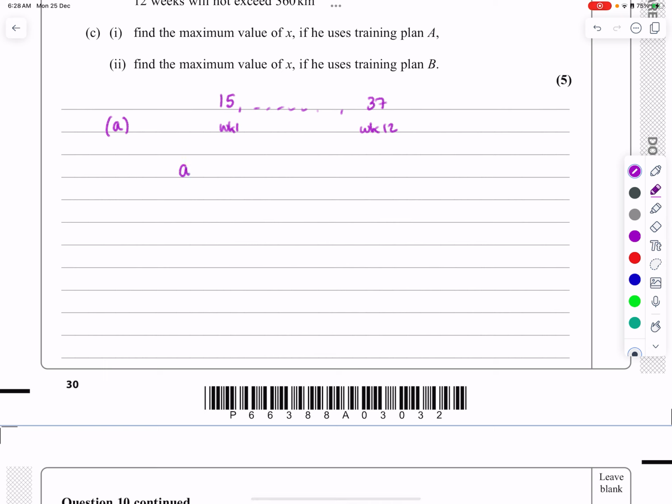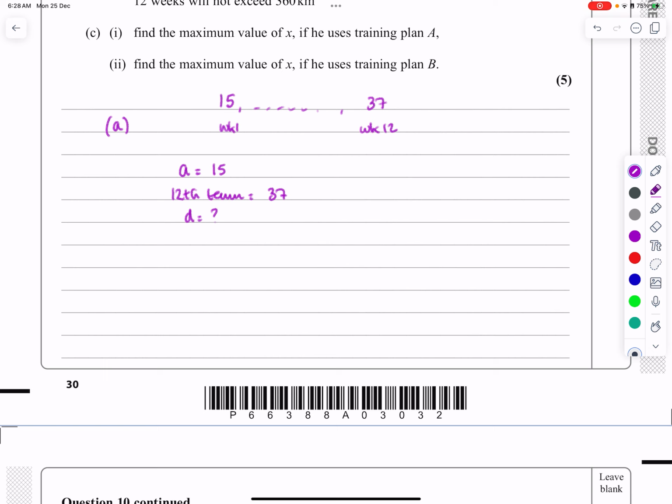I'm saying A is equal to 15. I'm saying that the 12th term is 37. So 12th term equals 37. And basically what I'm trying to do is to work out what D is equal to, what the common difference is, what I'm adding on each time.